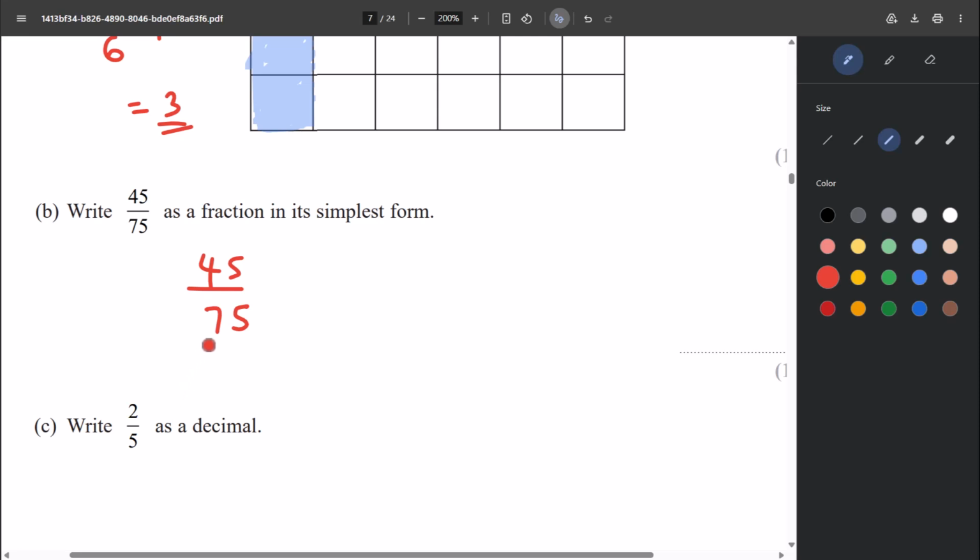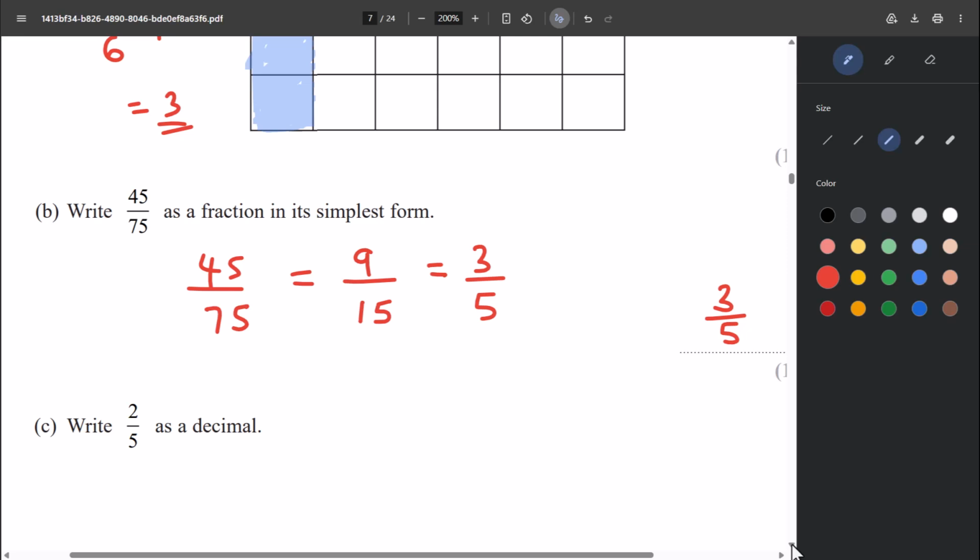All right, good. So I know that 5 can go into 45 9 times, and 5 can go into 75, I think it'll go 15 times, right? Yeah. And again, if you look at 9 over 15, you can cancel. 3 can divide into 9 3 times, and 3 into 15 5 times. So now I think the simplest fraction will be 3 over 5.